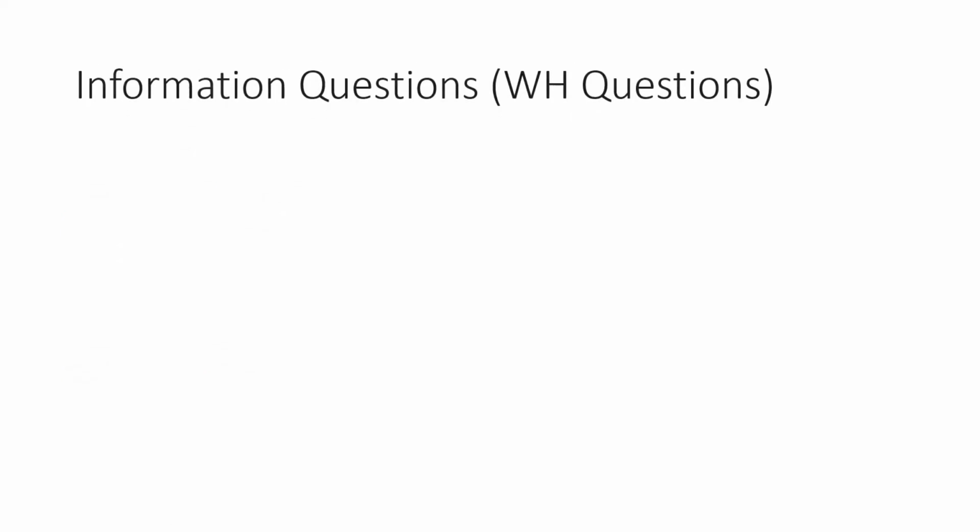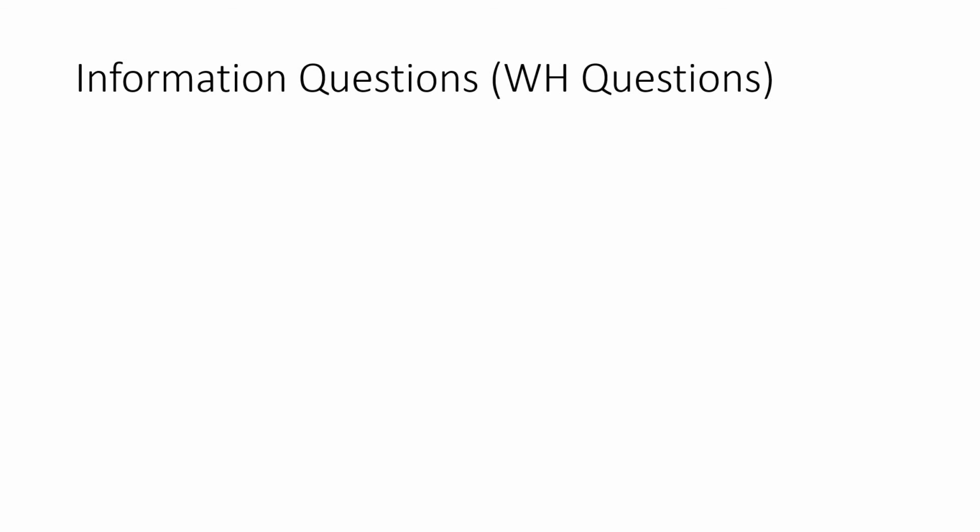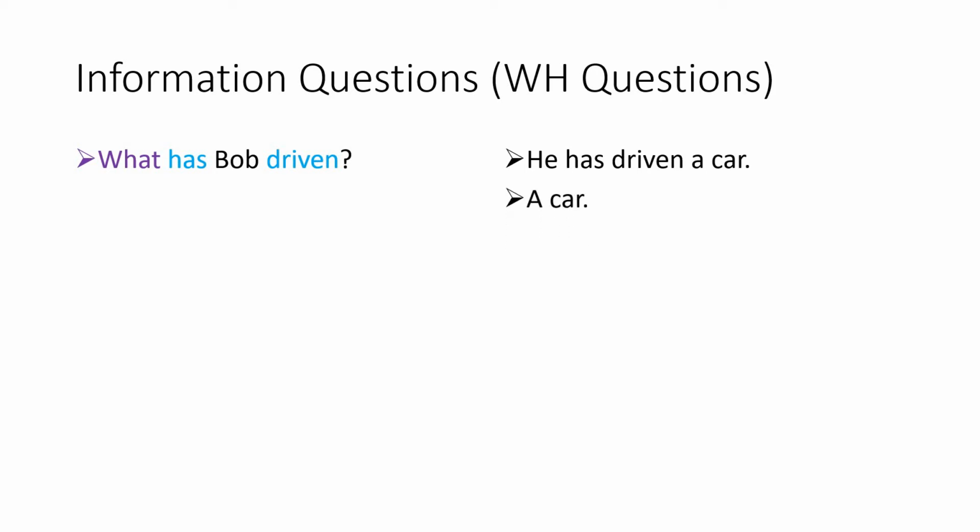Now let's look at information questions, also called WH questions. What has Bob driven? To this question, we can answer he has driven a car, or a car. To form a WH question, we keep the same order that we had in our yes-no questions, but now we add a question word to the front.